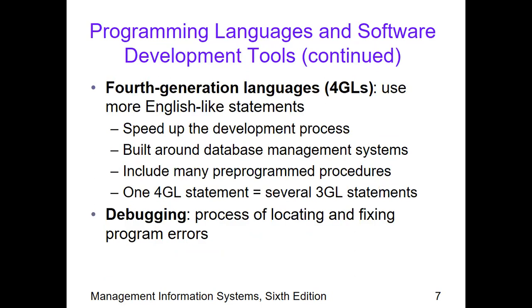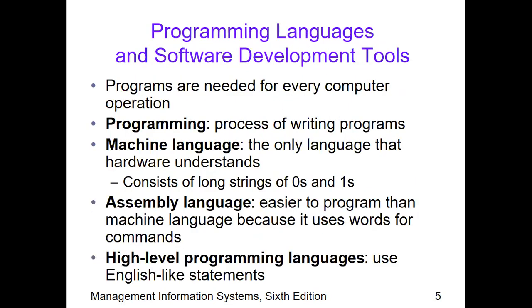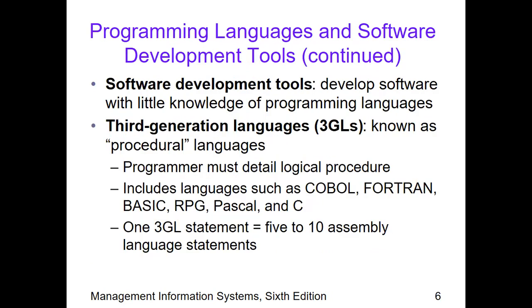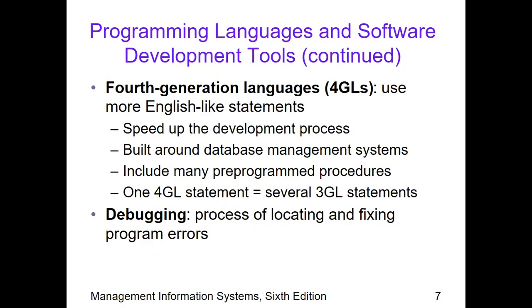4GLs, on the other hand, are high-level programming languages which use more English-like statements that would speed up the development process, are built around a DBMS, a database or repository of information, and include many pre-programmed procedures. So if we just have to click or enter a certain command, then the program will just run.